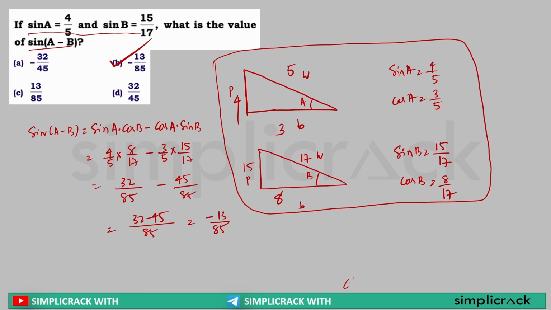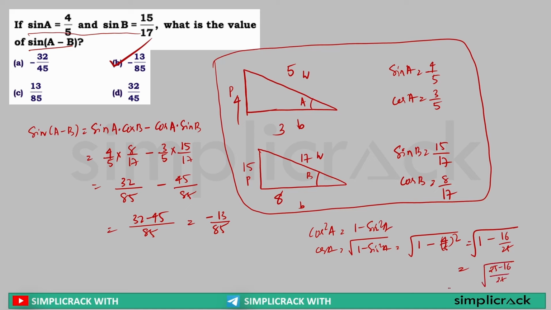I know cos square A is equal to 1 minus sin square A. Cos A is equal to square root of 1 minus sin square A. Then I will do 1 minus (4 by 5) whole square, which is 1 minus 16 by 25, which is 25 minus 16 by 25, that is 9 by 25 under the root, that is equal to 3 by 5. Cos A is equal to 3 by 5. Now, instead of doing all this long process, you can simply use this logic and find the answer. Getting the point? Yes or no?